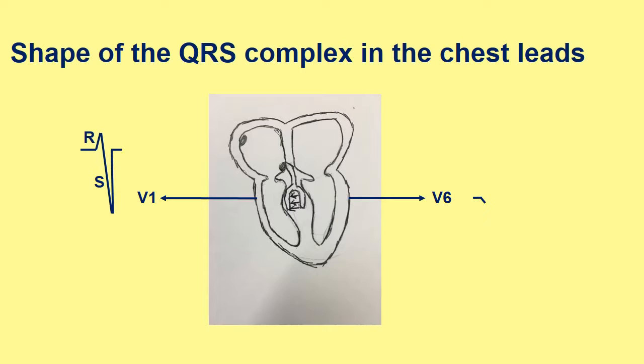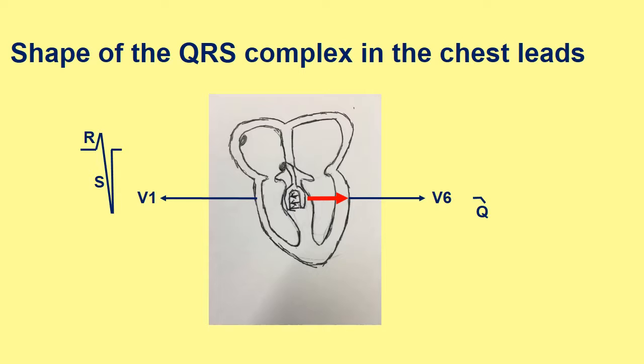And from my definition in my first video, the first downward deflection after the P wave is called the Q wave. So that's a Q wave there. So it's picked up the Q wave.